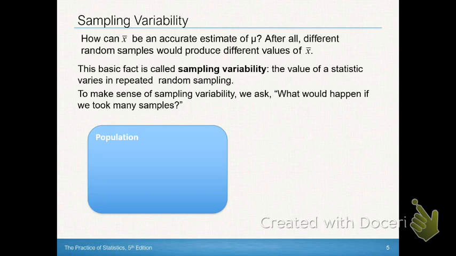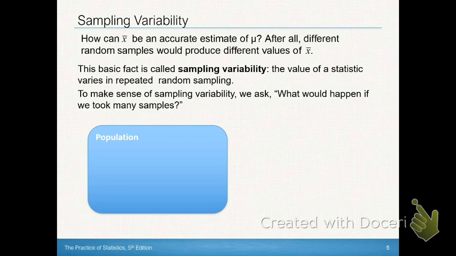Let's go back to that idea of sampling variability that we mentioned at the beginning of the video. We want to know whether or not, for example, the mean of a sample can accurately represent the parameter for the population, the mu. Since we're going to be getting different means every time we take a sample, it seems counterintuitive that we can use that to make some conclusion.